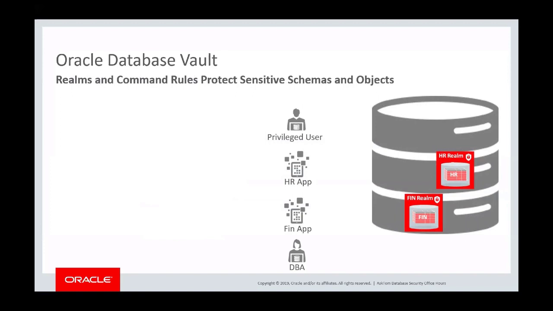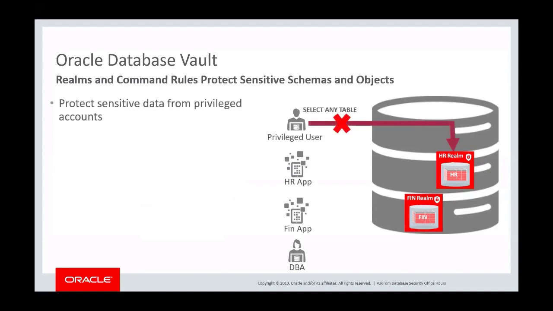Okay, so a little bit more detail on some of these controls. Protecting the data from privileged users: we stop these select any table privileges from accessing realm protected data.